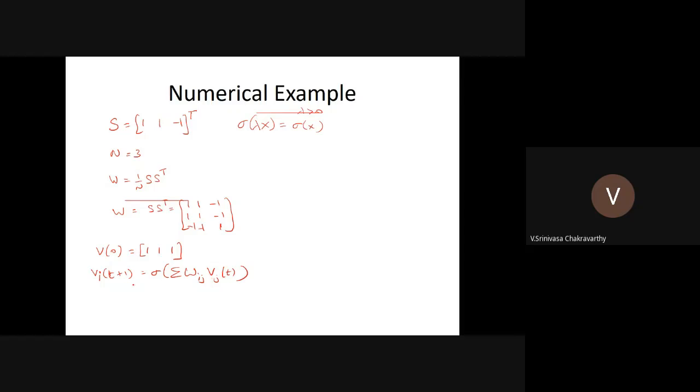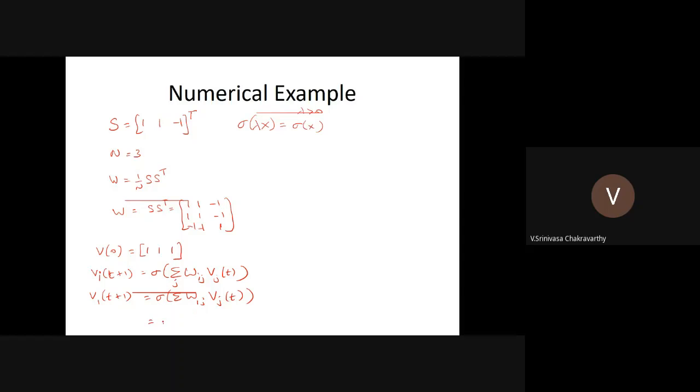If we apply this rule, V1 at t plus 1 will be equal to sigma of sum over j of W1j Vj at t. Here t is 0.